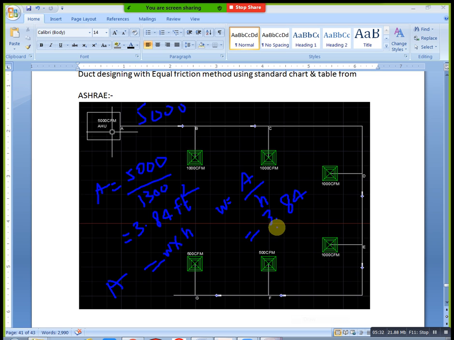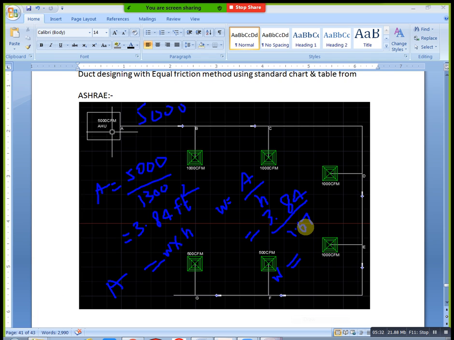That's why first of all you will convert this height into feet. 14 inch, directly you can divide by 12. Then how much is our width value? 1.17.